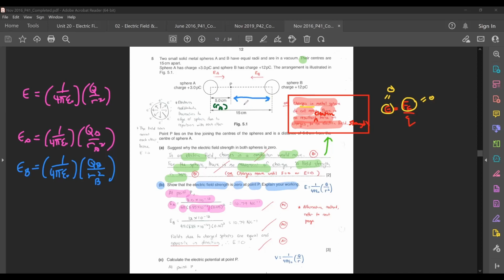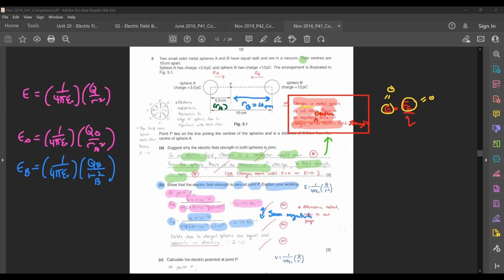You take 15 minus 5 centimeters, it will be 10 centimeters. So you use the equation there. EB equals 12 times 10 power minus 12 divided by 4 pi times 8.85 times 10 power minus 12 times 10 centimeters square. Remember to change to meters. This is what you're going to get. You will get them both as the same magnitude.